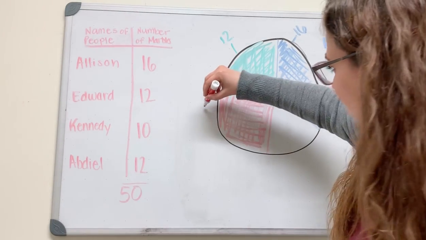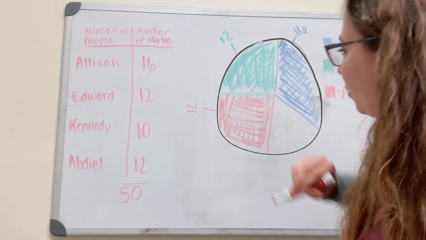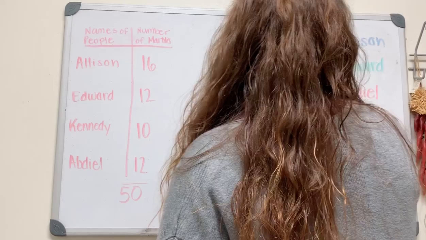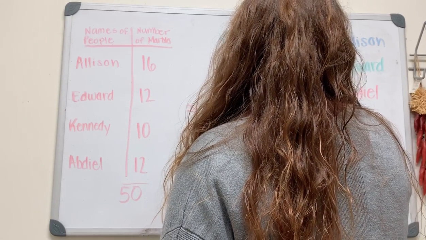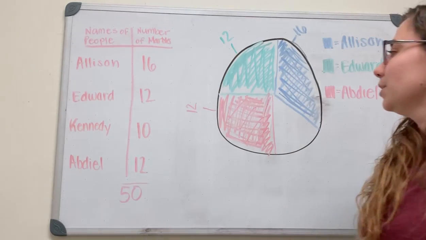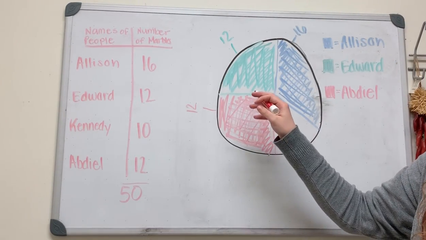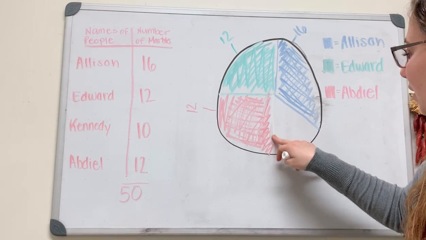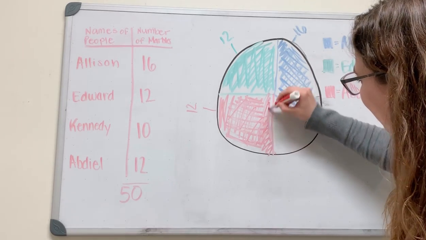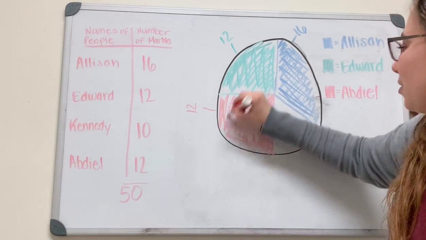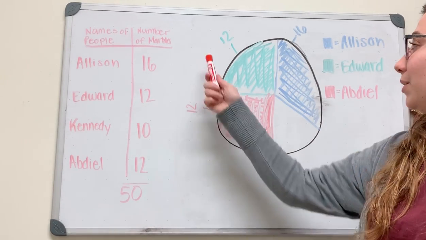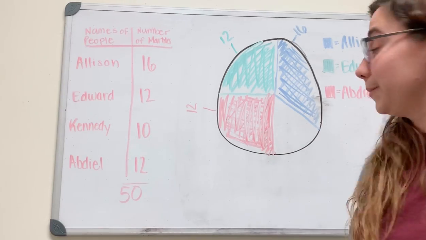So we see we have another 12, and these two parts are equal. So we have two parts of a whole that make about half. Not completely half though. Because remember, half is 25 and 12 plus 12 is only 24.